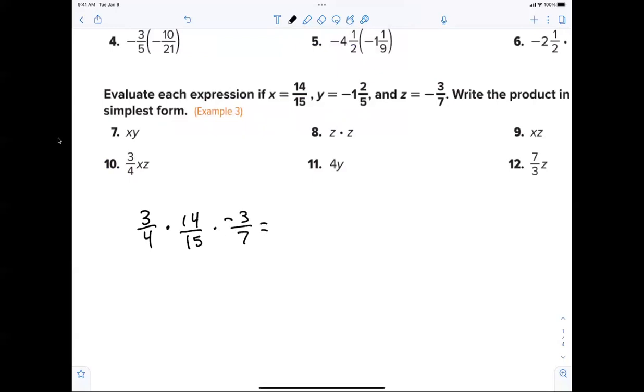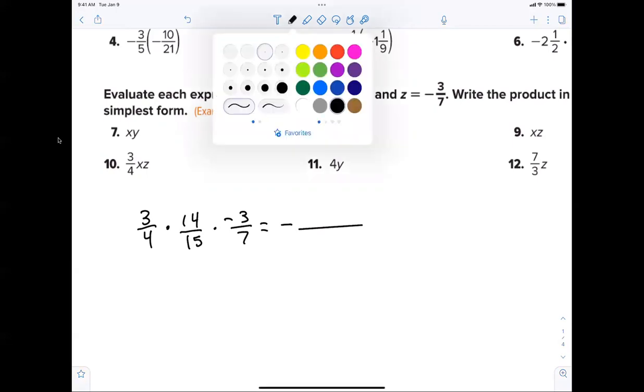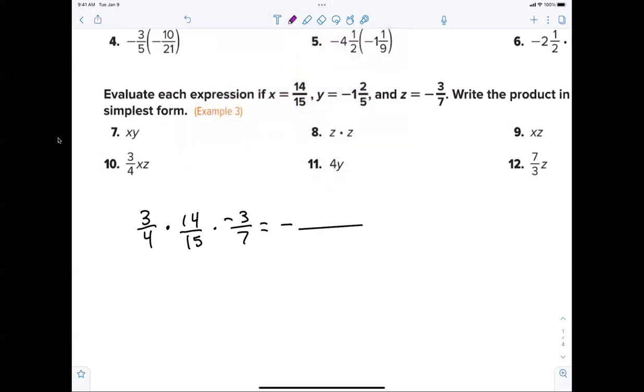Perfect. Now, is the answer going to be positive or negative? Negative. Very good. All right, now you're trying to reduce. Tell me what you see can reduce. I see 3 and 15. Exactly. 3 becomes a what?